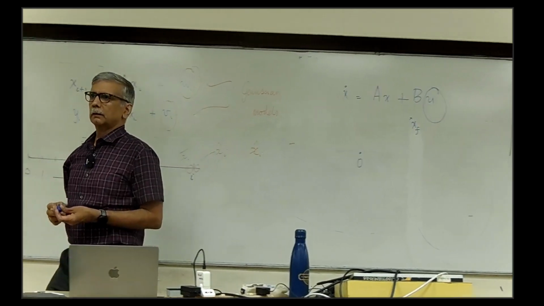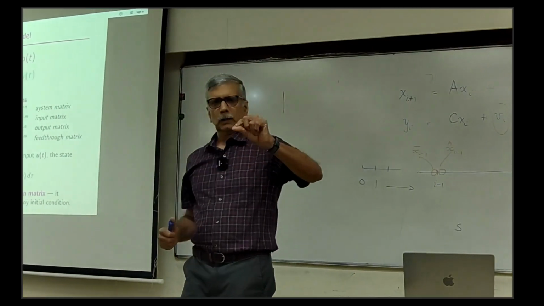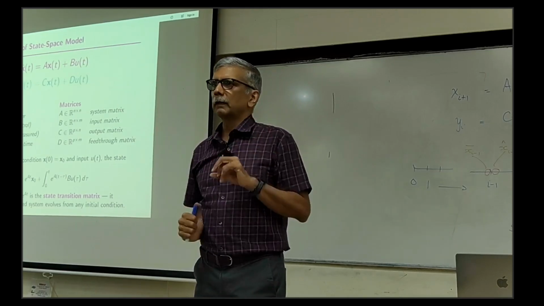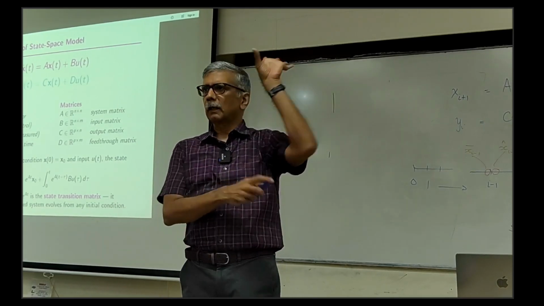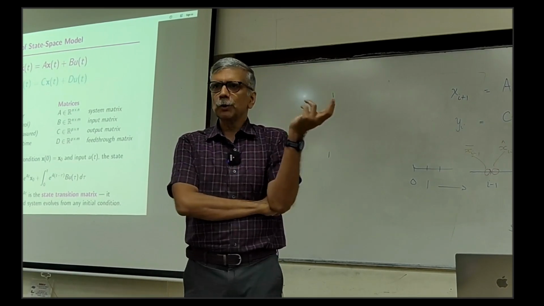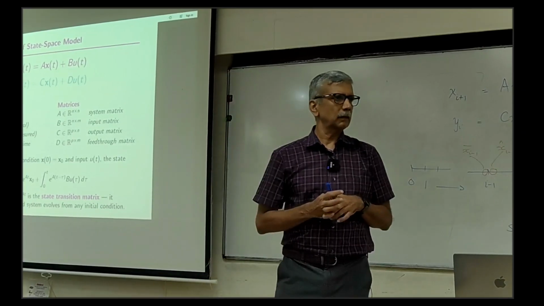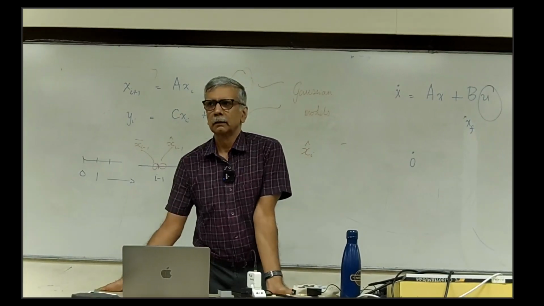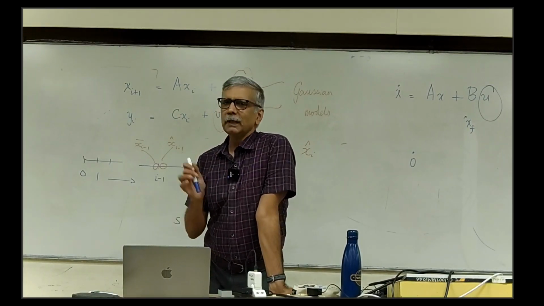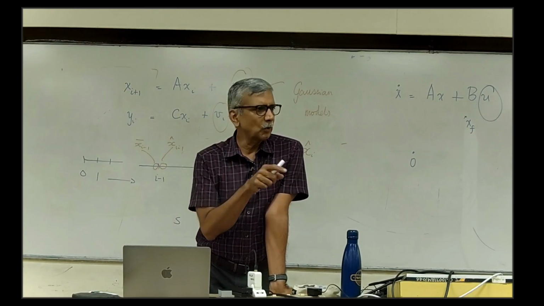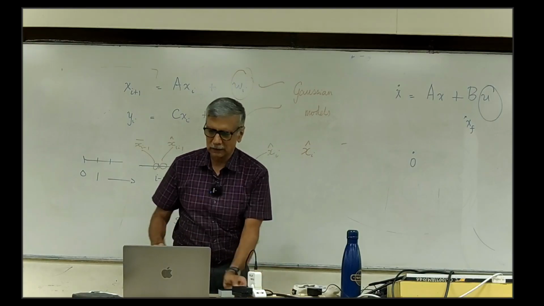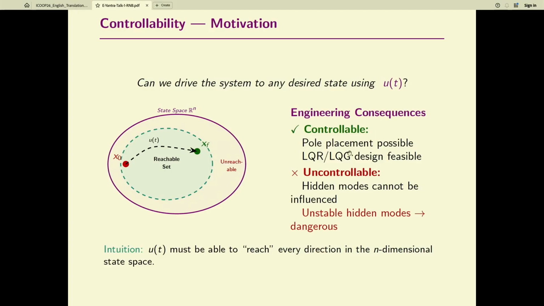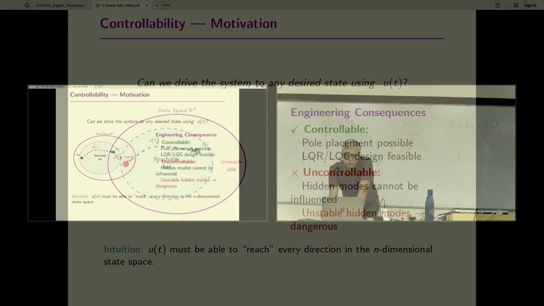Can you do it? I'm at a state 0. I want to go to some other point. I have a model here. What is it that assures you that you can actually go to that state? You may not be able to go to that state. So that's the property which is studied in state space models called controllability. So that's what I have written, put here. You don't have to worry about some of these other issues.